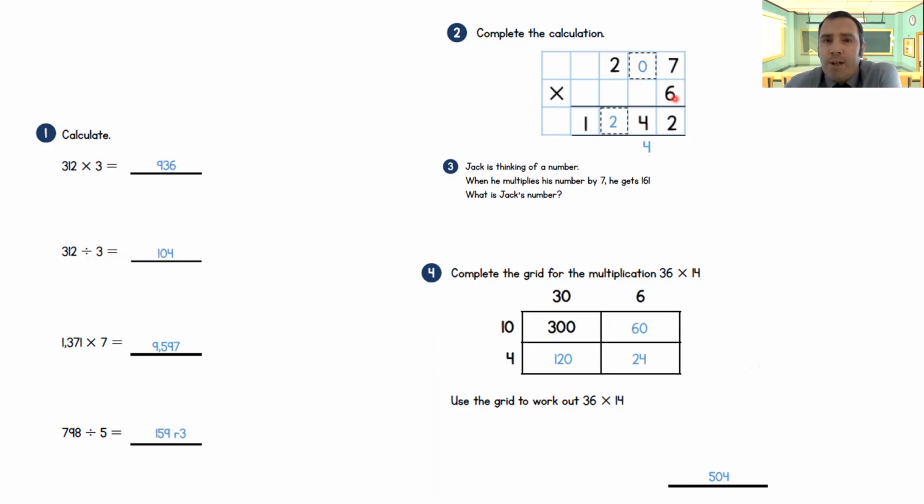We're now multiplying 6 times 2, which gives us 12. So we have our 1 exchanged across and our 2 to go in here. So the 2 missing numbers, we had 0 from our number at the top, and we had 2 from our product at the bottom.